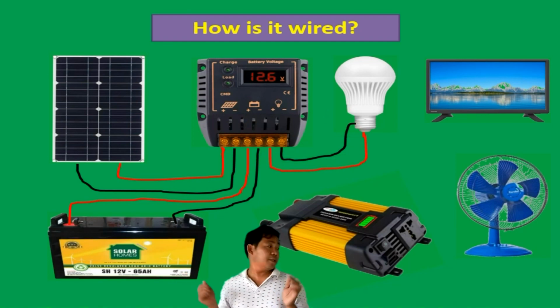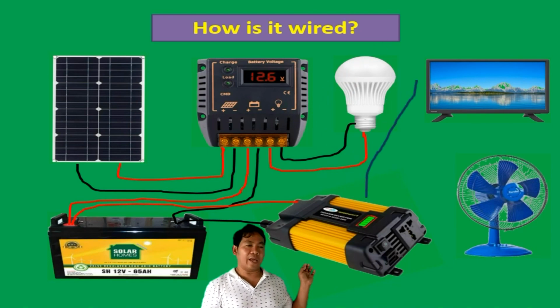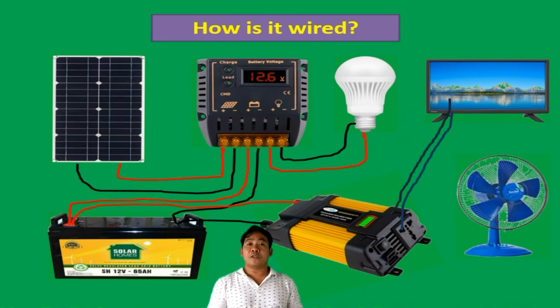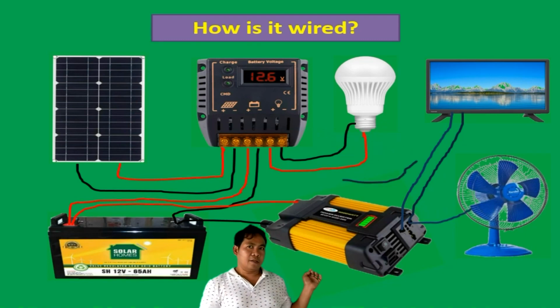We have the load side here, and this is 12 volts. And if you want alternating current or AC voltage like 110 volts or 220 volts, you can convert the 12 volts DC to 220 or 110 volts AC for your electric fan, and also for your television sets.